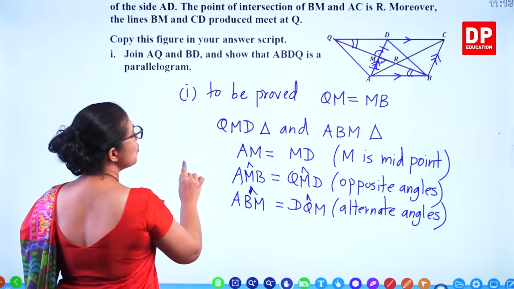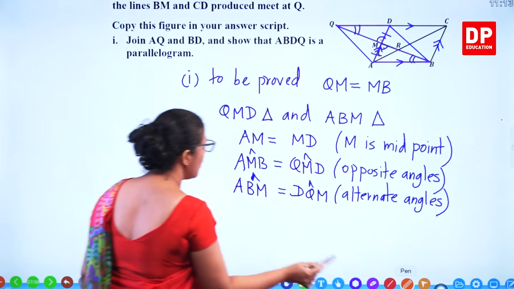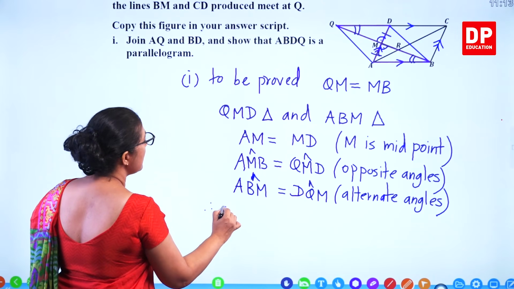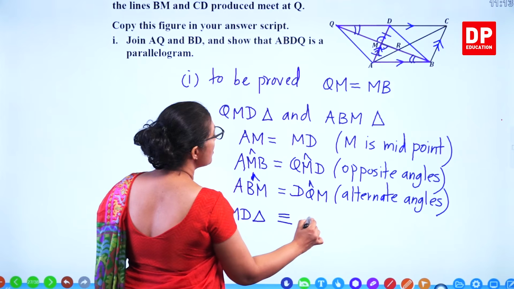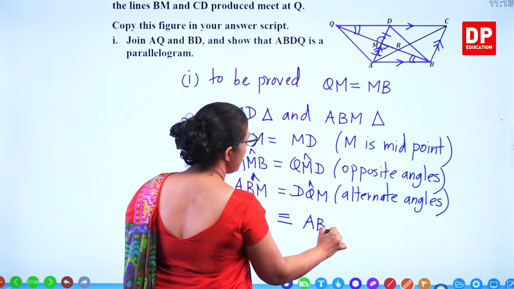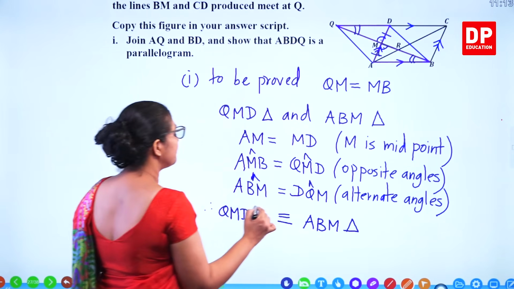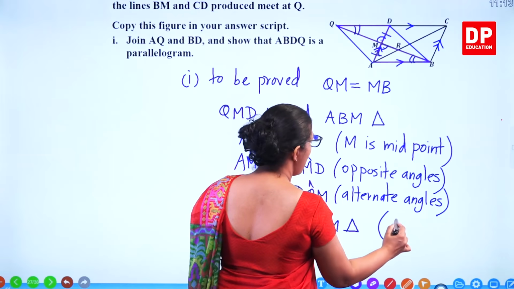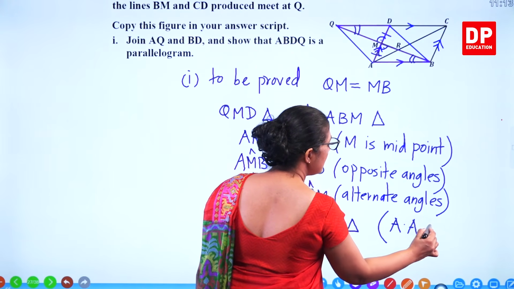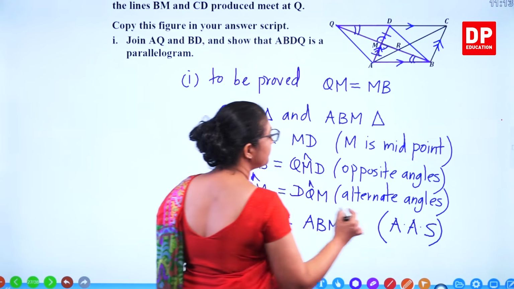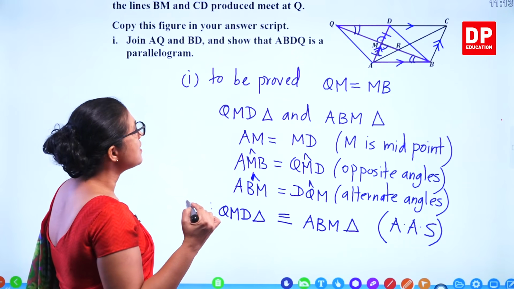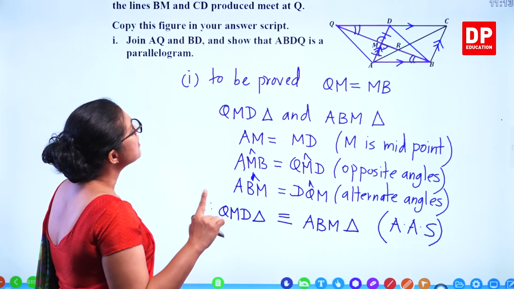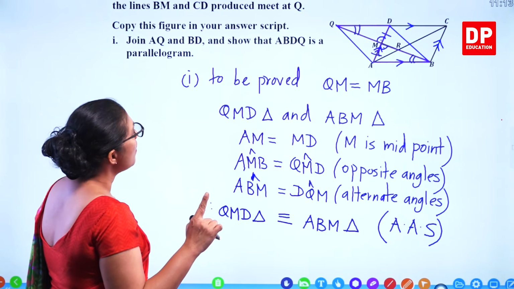Now we have 2 angles and 1 length equal. So we can say QMD triangle is congruent to ABM triangle. What's the case? Angle, angle, side. If the 2 triangles are congruent, the corresponding elements are equal.